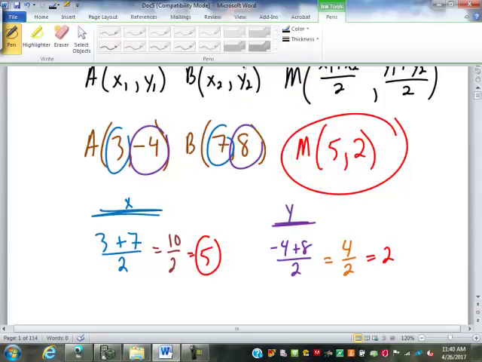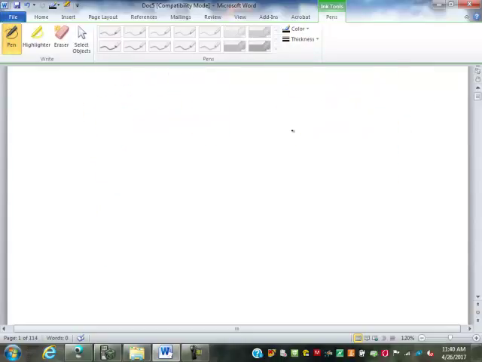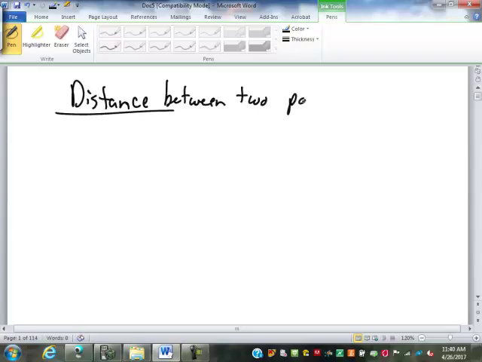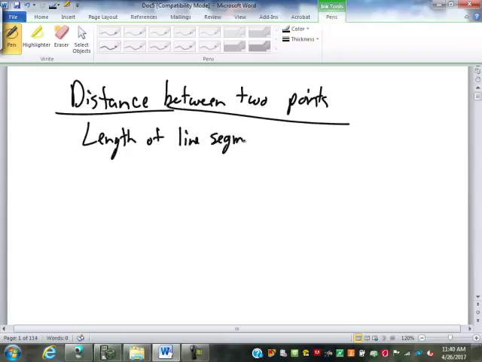A little bit more difficult formula was that distance formula. The distance between 2 points, or the other way to think of it is the length of a line segment with those given endpoints.